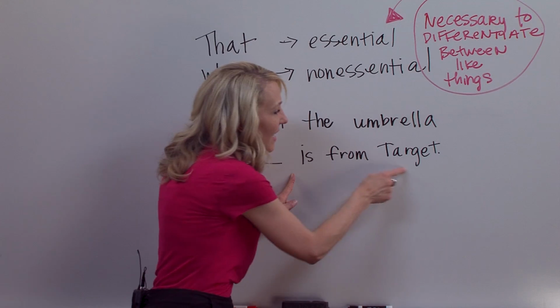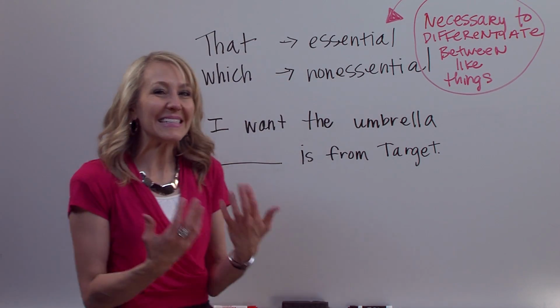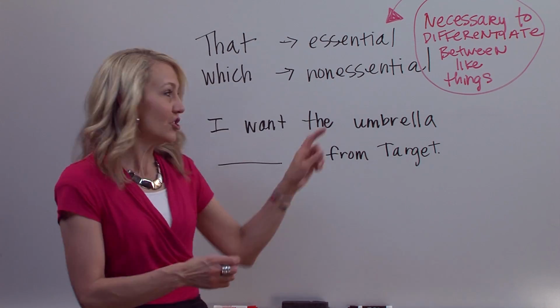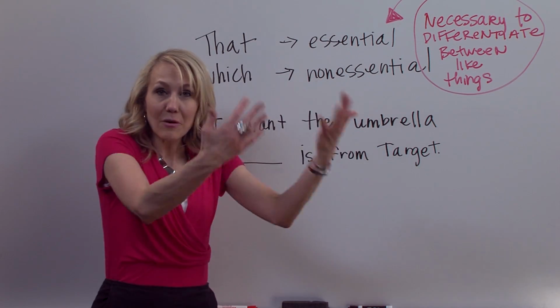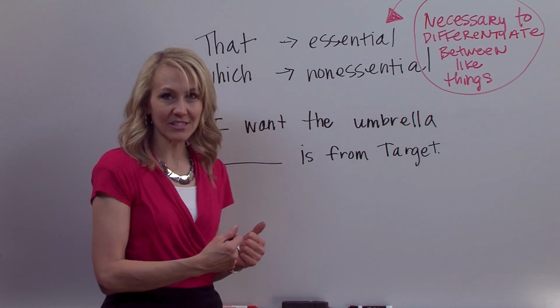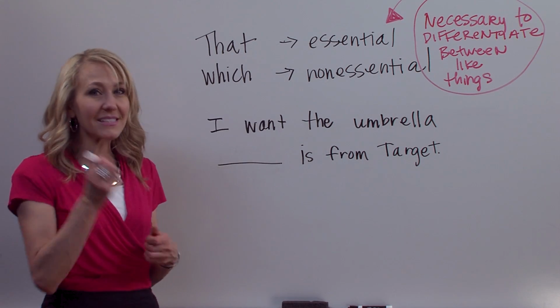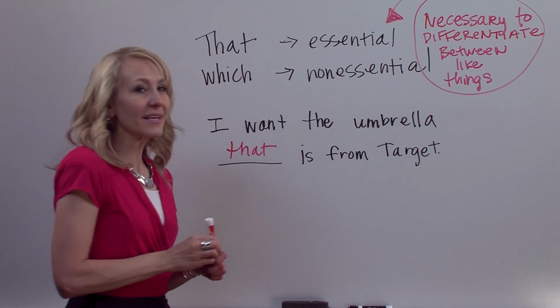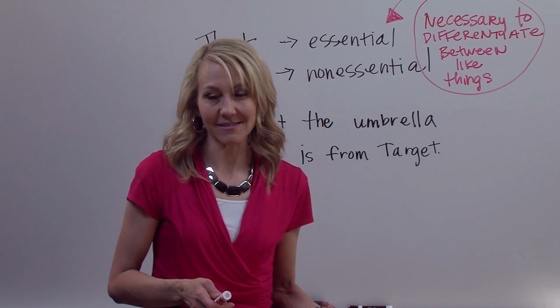So this information here, this detailed information, is necessary in order to differentiate this umbrella from other potential like umbrellas. So in this case, I must use the word that. I want the umbrella that is from Target, okay?